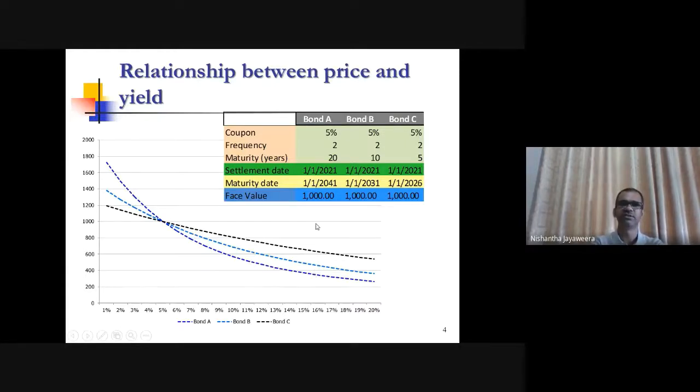Not only maturity; I think we did the same exercise for different coupon rates, and you saw what is happening. So we are going to measure these things.